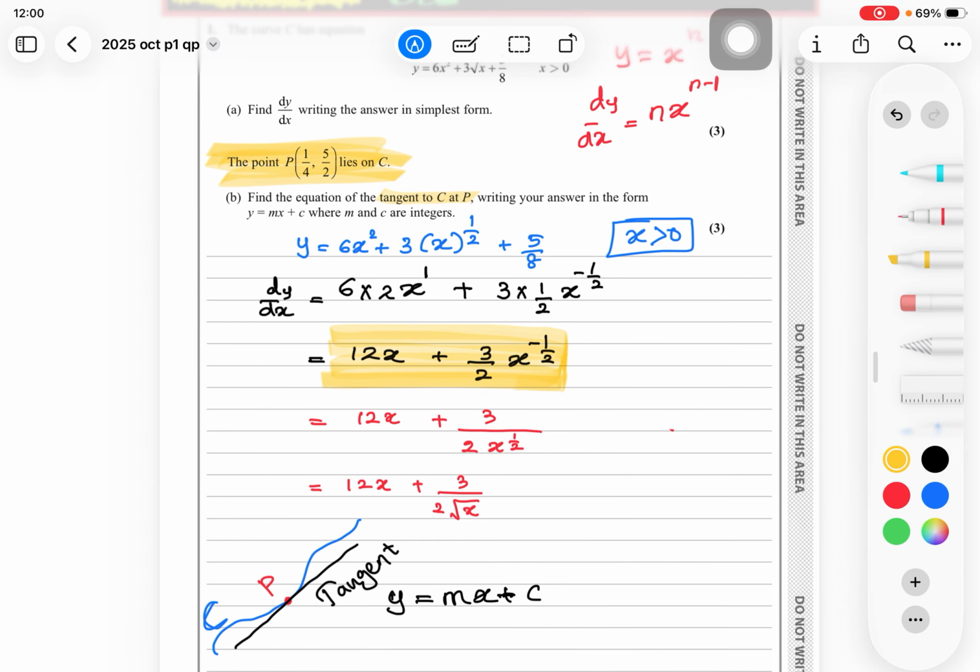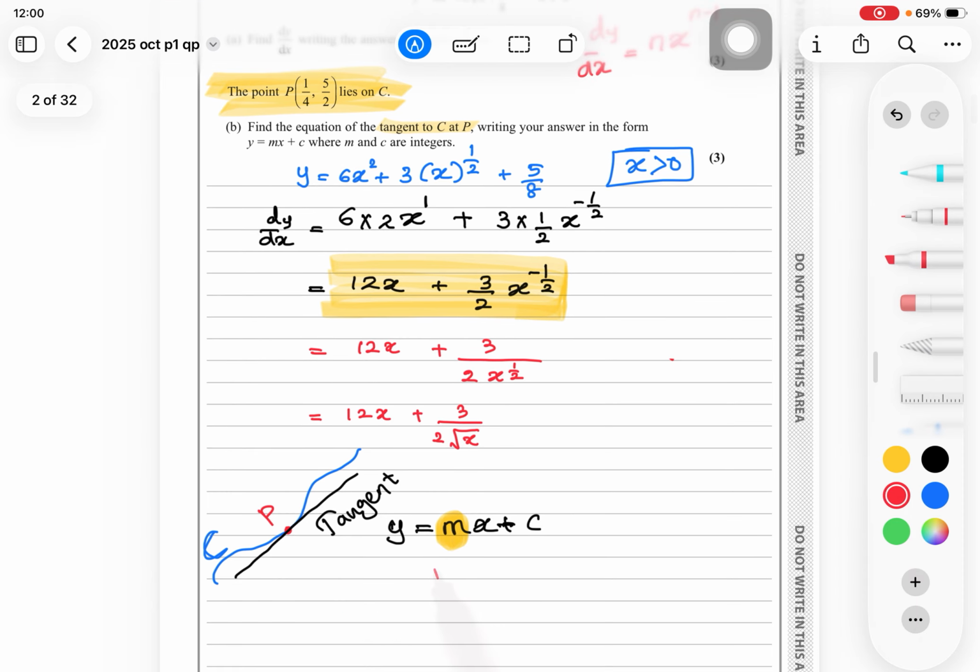The m, which is the gradient, would be the dy over dx value.